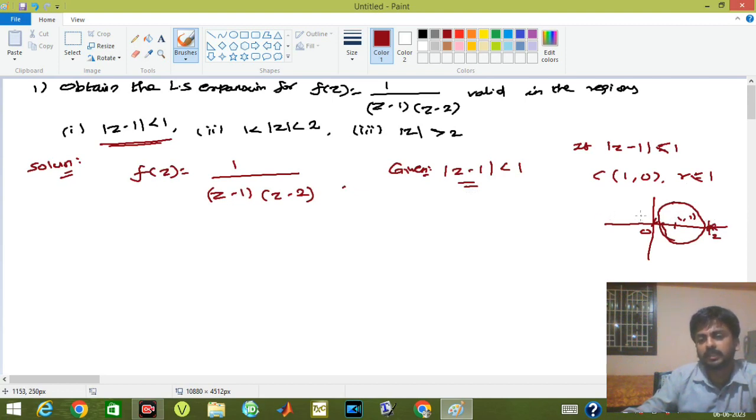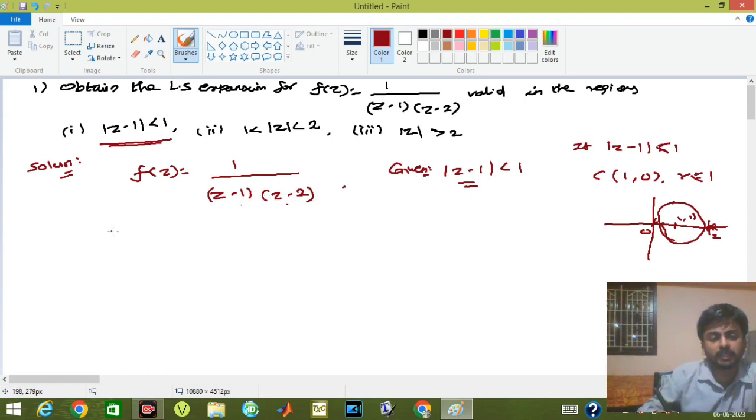At z equal to 1, meaning x equal to y equal to 0, the point lies inside. But at z equal to 1 and z equal to 2, the function loses its analyticity, because the denominator becomes 0, so the function becomes infinity.